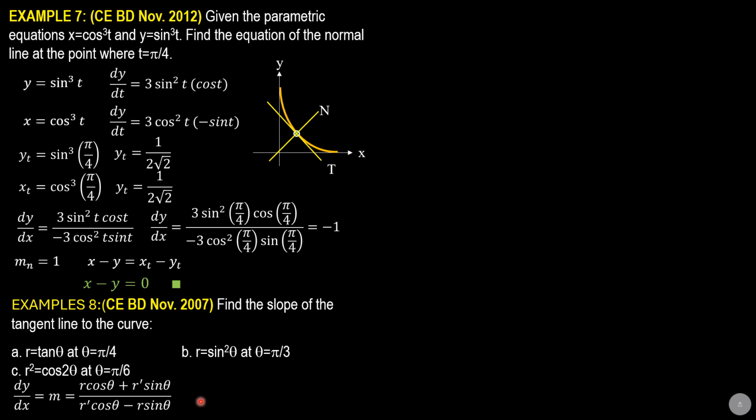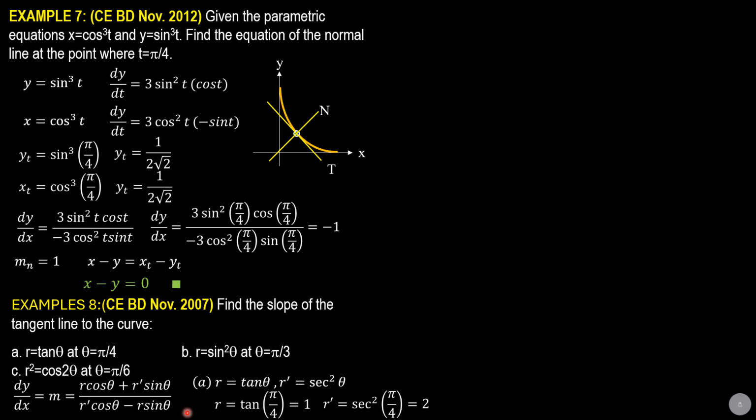So for part A, r equals tangent theta. So r prime, the derivative of tangent, is secant squared theta. We then evaluate r, which is tangent of pi over 4, and that is equal to 1, while r prime is secant squared of pi over 4, and that is square root of 2, quantity squared, so it is 2.